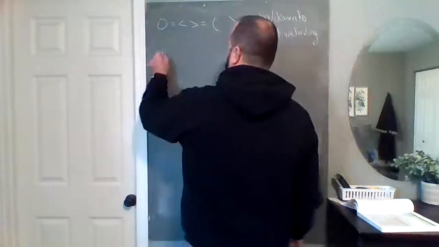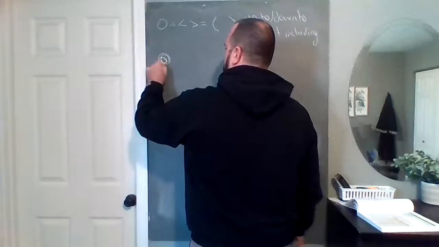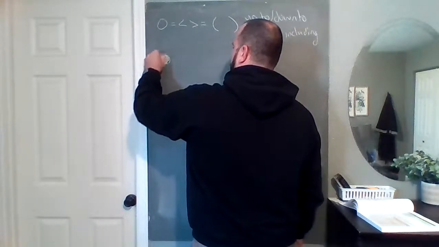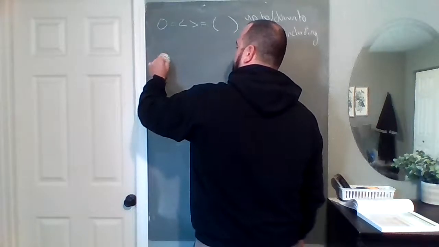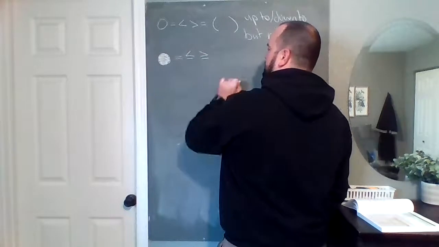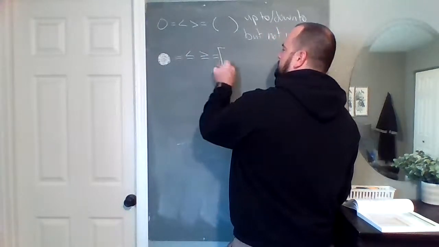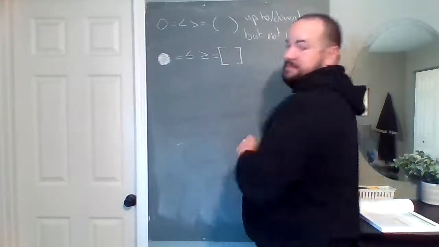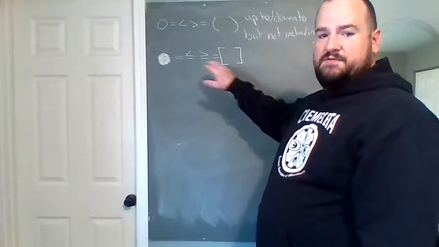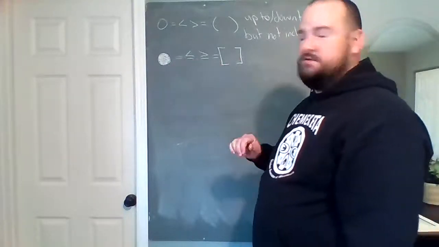Our other symbol that we do with a filled in circle, which is the same as a less than or equal to, or similarly greater than or equal to, we will use square brackets for that. Okay, so square brackets in interval notation are the same as a filled in circle or less than or equal to, greater than or equal to.